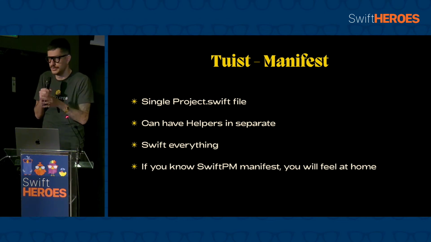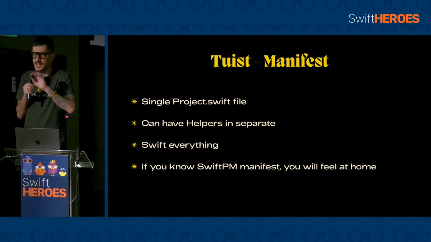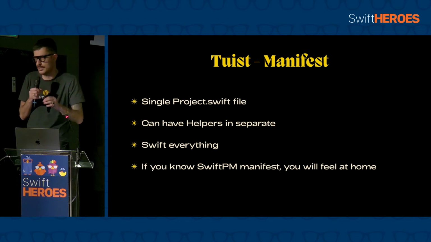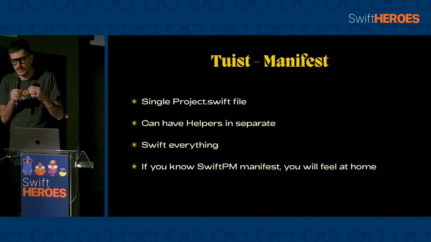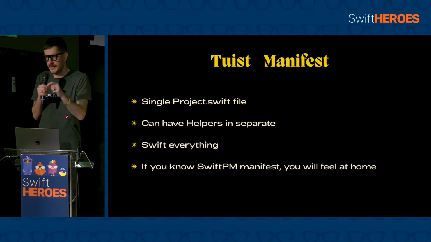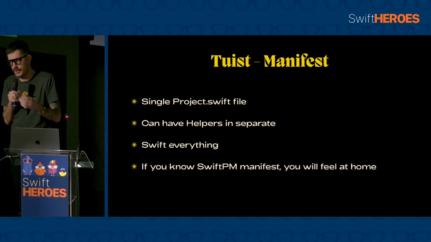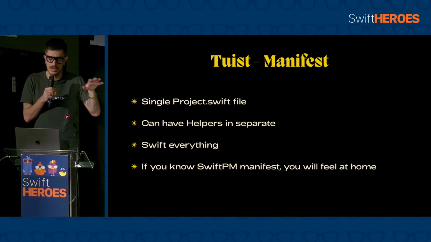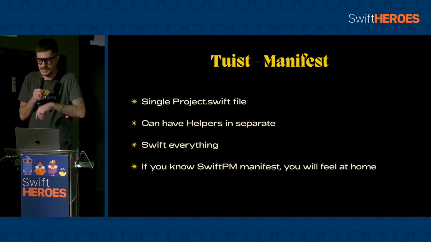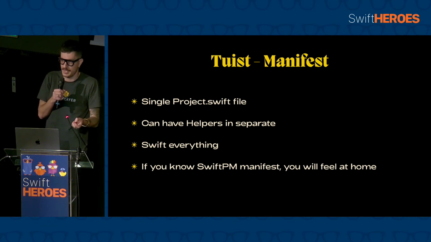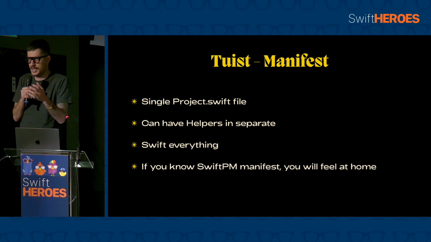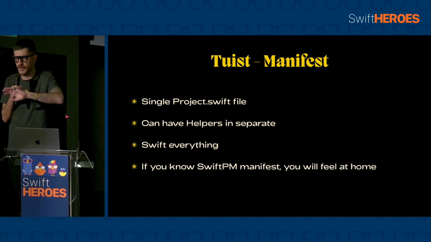Inside of it, you can put any file, any folder, anything you want. It's not opinionated. What Tuist does is compile that folder and create it as a framework called ProjectDescriptionHelpers, and it exposes it to your project.swift file. That way you can actually import stuff and you have all the benefits of Tuist.